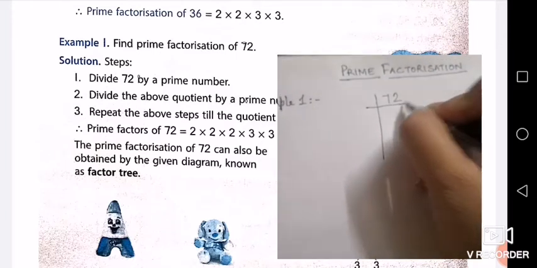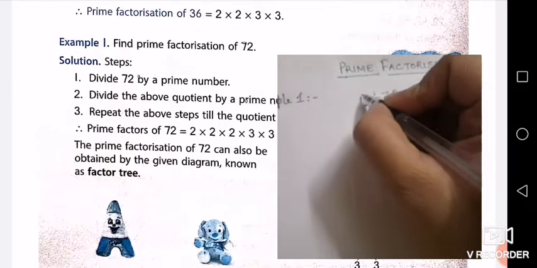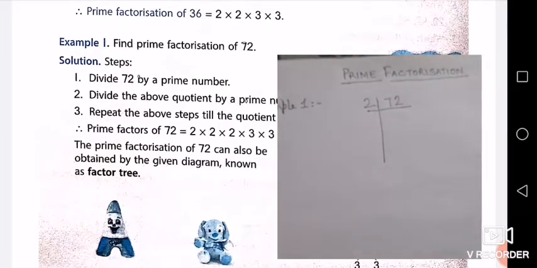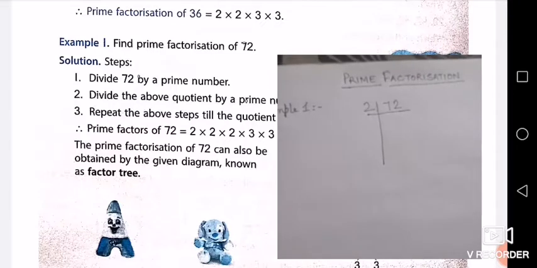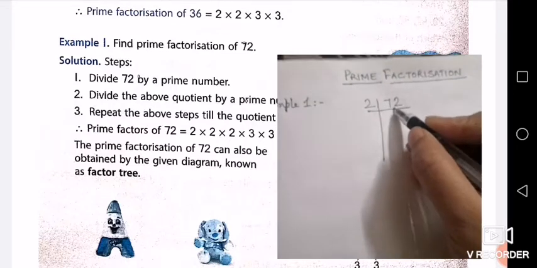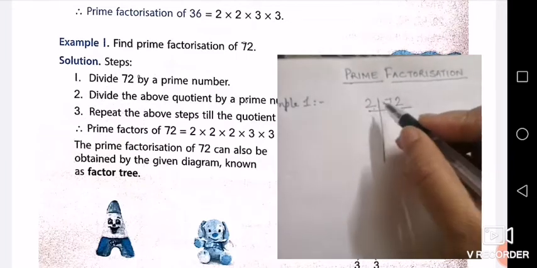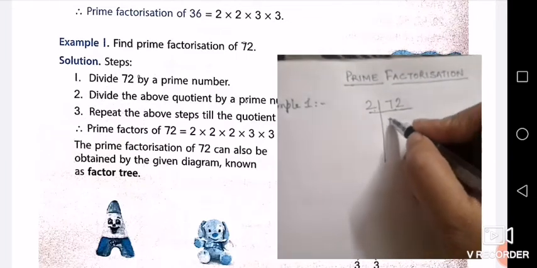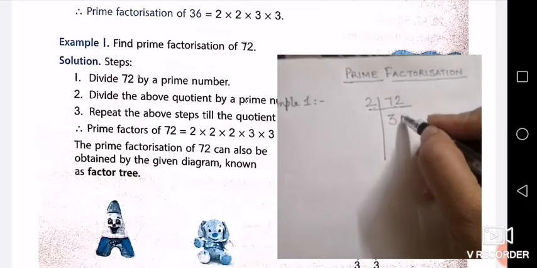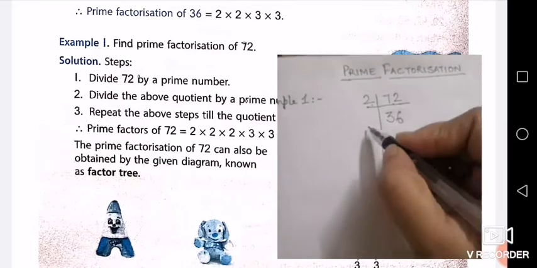I will write this 72. First we will start with 2, which is the smallest prime number. Now 72 will be divided by 2. 2 3s are 6, 1 will be left, 2 6s are 12.